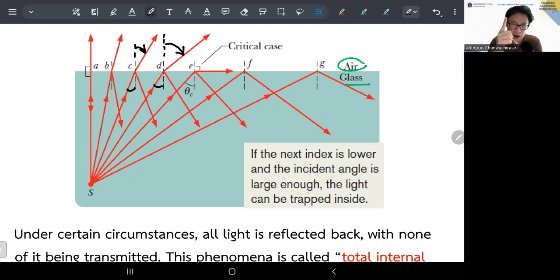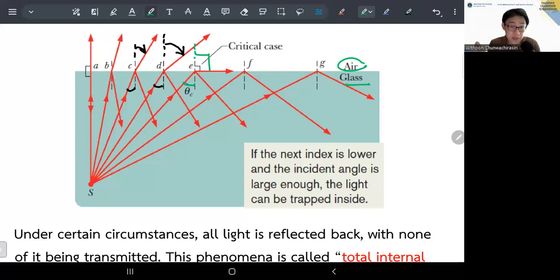So there must be one particular incident angle that makes the outgoing beam turn out to be at 90 degrees. Oh, that's not good. Because the refracted beam keeps deviating further from the normal line, there must be an incident angle that eventually makes the refracted beam go at 90 degrees.